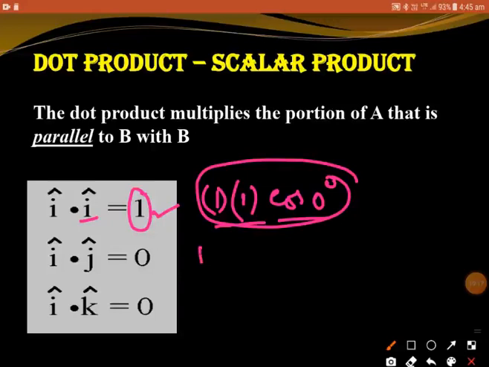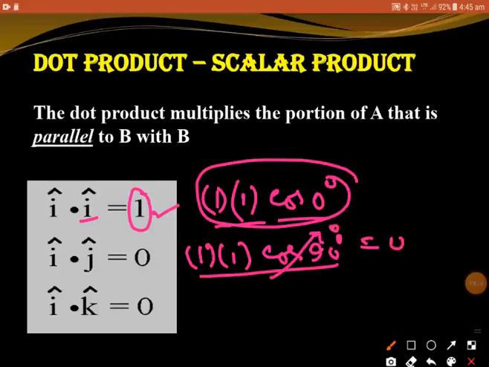The magnitude of i cap is 1, the magnitude of j cap is also 1, and cosine of what? The angle between the x-axis and y-axis is 90 degrees. So cosine of 90 degrees is 0. So the whole product will be equal to 0.